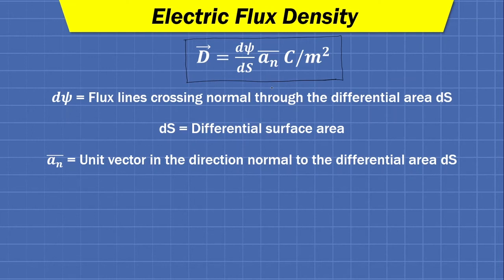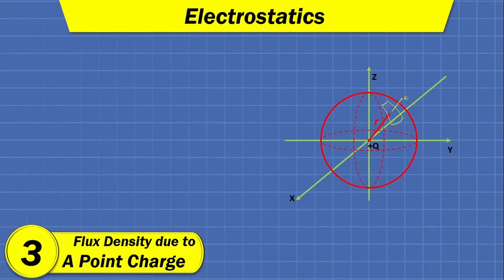Moving further, if we want the flux density due to a point charge, then here we have imagined a plus q point charge at the origin of a spherical coordinate system. Here x, y, z axes are also shown just to make you visualize where things are.